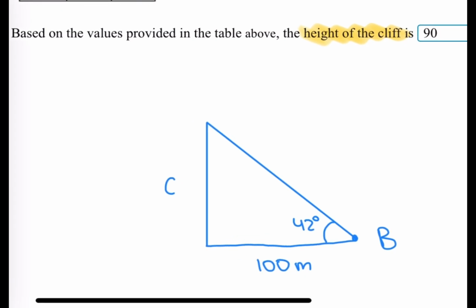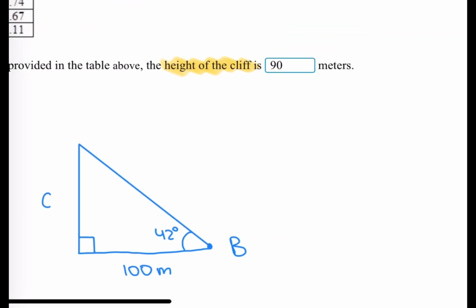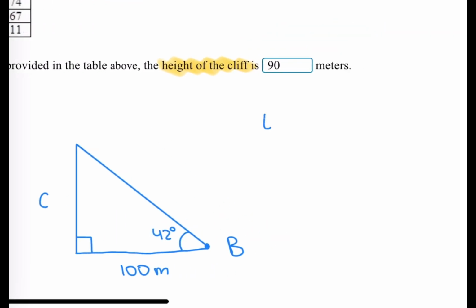Since this is a right triangle, we can apply the tan rule. It's going to be tan equals opposite over the adjacent.